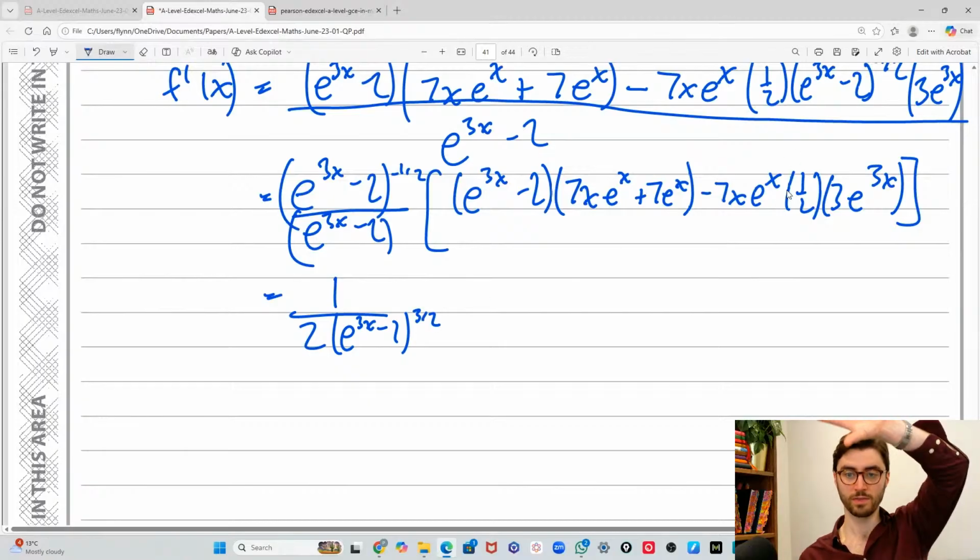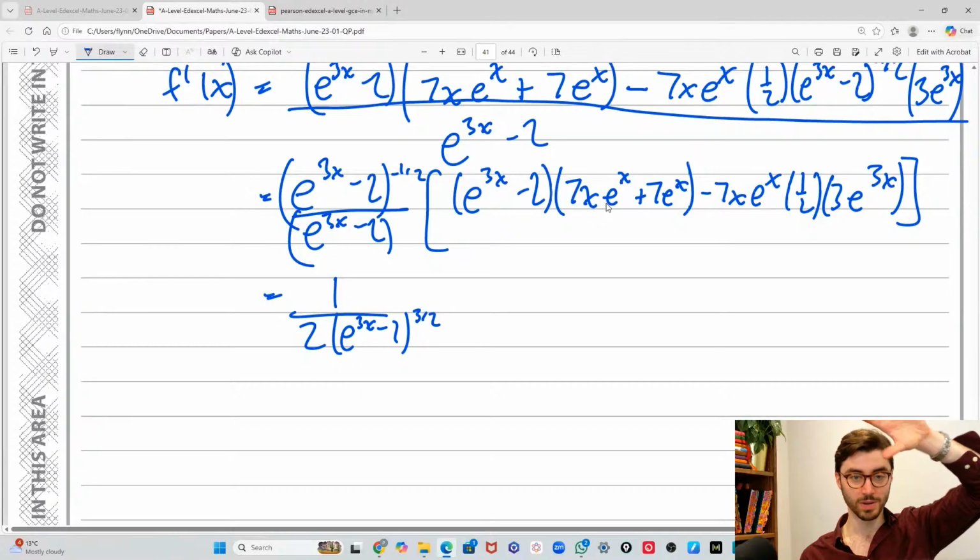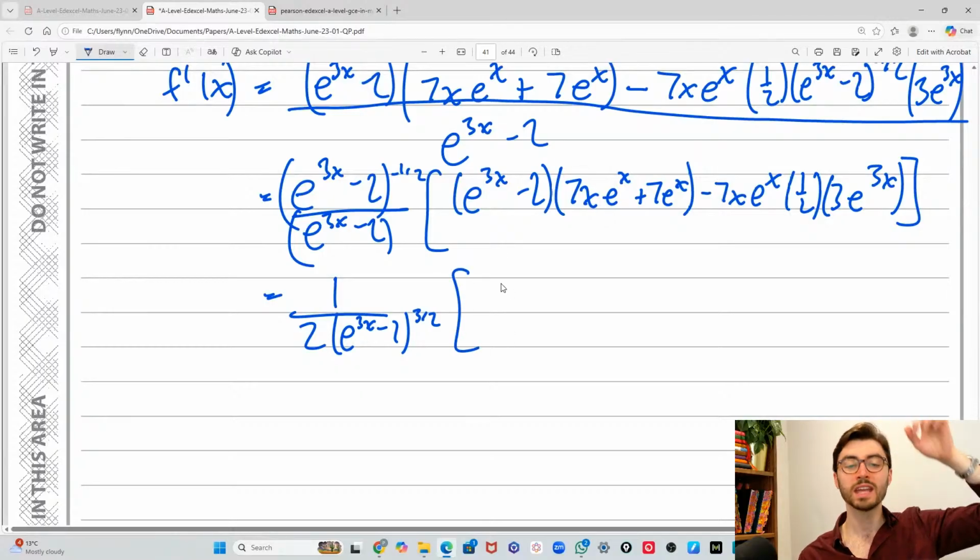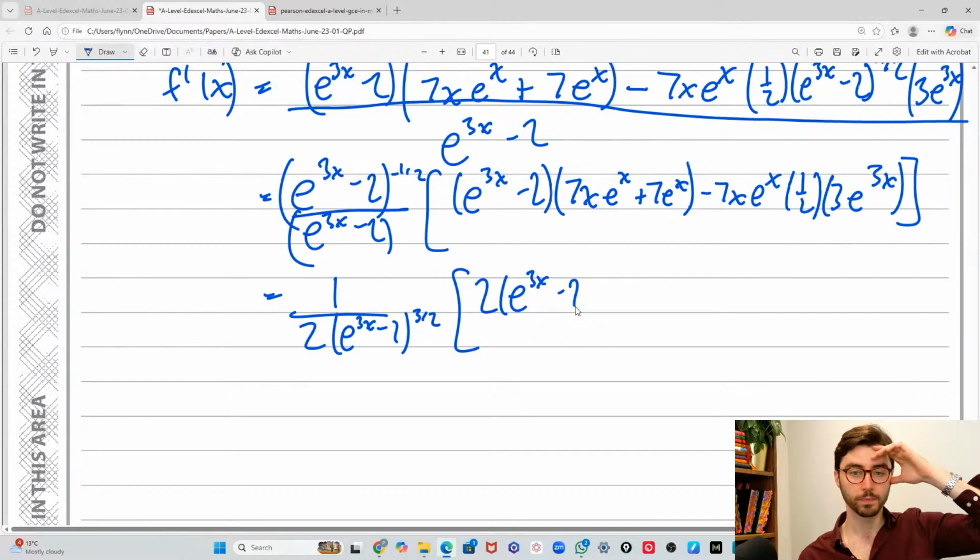So I've taken a half out of here, but this didn't have a half. So I have to put a half in by multiplying it by 2. No, this question has made my damn morning. I am so happy with this. I have never... why did they stack the difficulty like this?